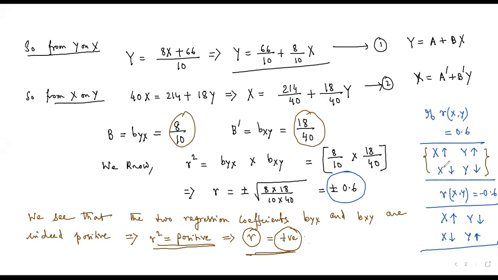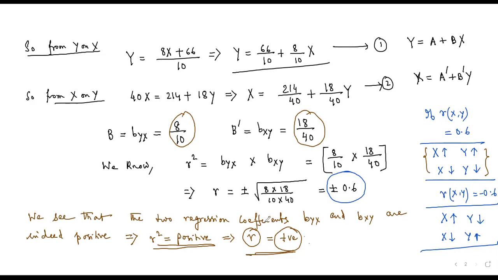So we can say that the two variables are actually moving in the same direction. There is a theorem where you can find this out. I have not done this property in my last class: the nature of the correlation coefficient is dependent on the nature of the two regression coefficients.